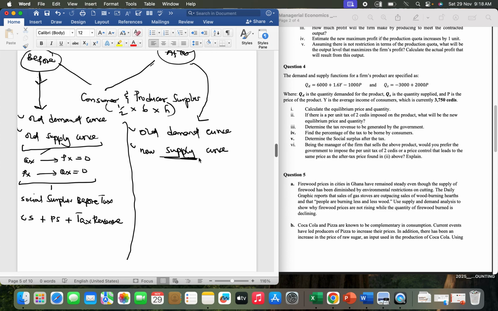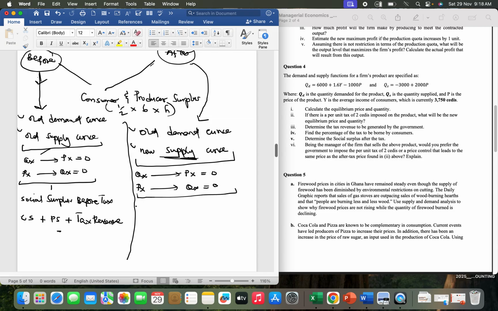It's the new supply curve because the tax has already been calculated after tax. This is before tax, this is after tax, so I use the new supply function I had after tax. Then if you want to find Qx, you make Px equal to 0, and if you want to find Px, you make Qx equal to 0.